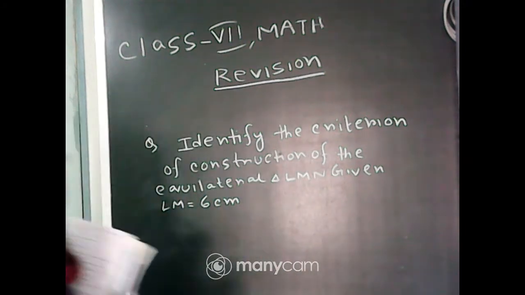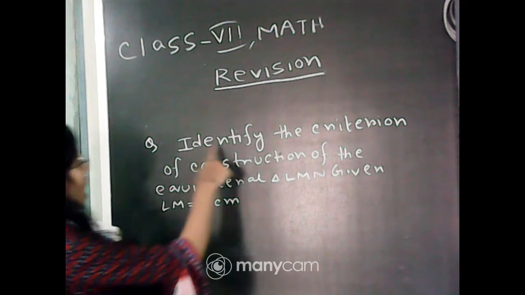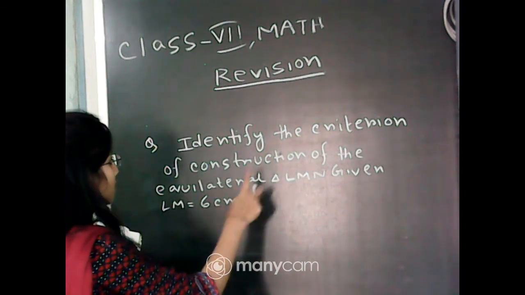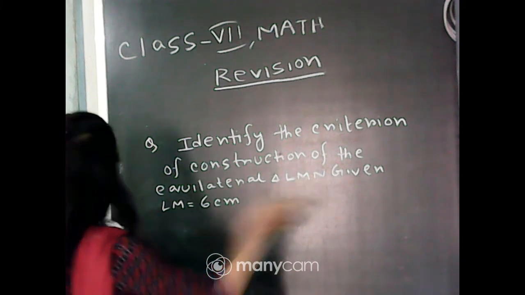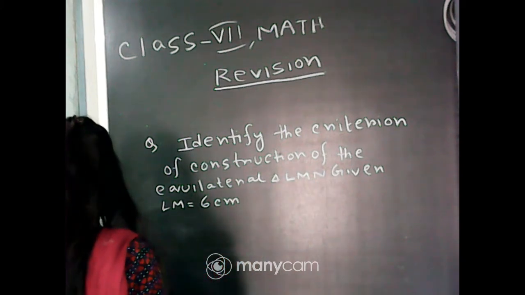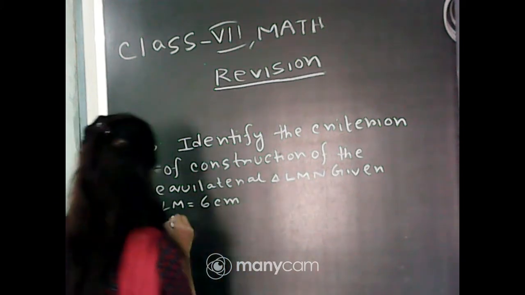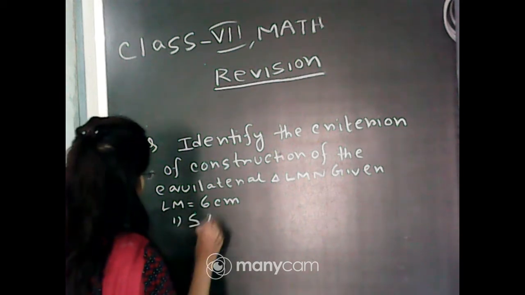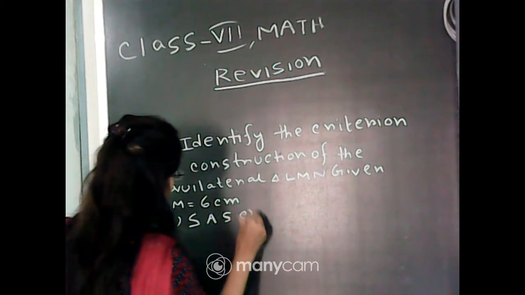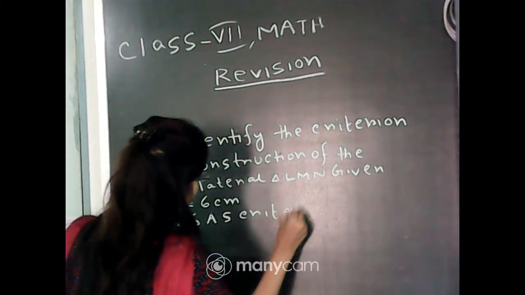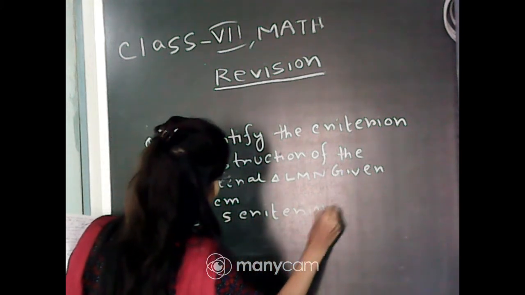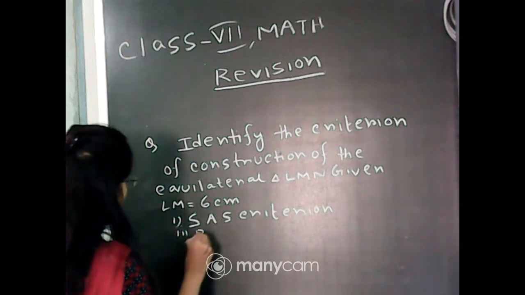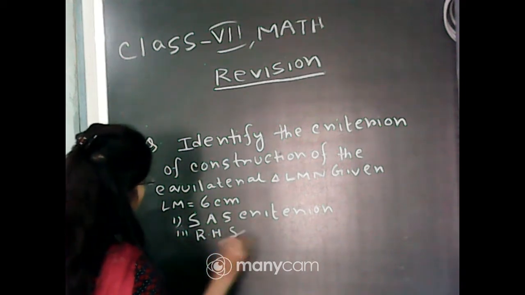First question is, identify the criterion of construction of the equilateral triangle LMN, given LM is equal to 6 cm. Option 1 is side angle side criterion. Option 2 is RHS criterion.